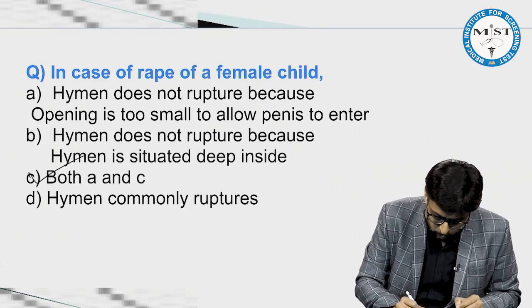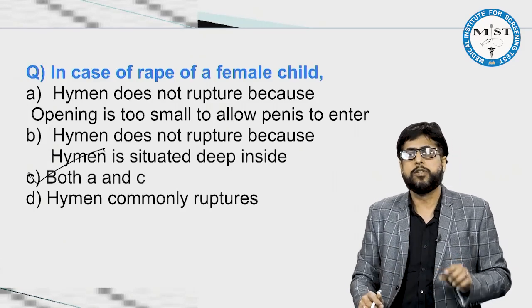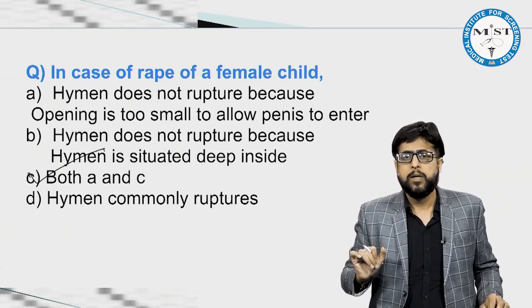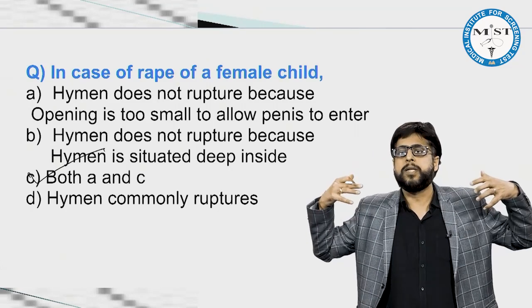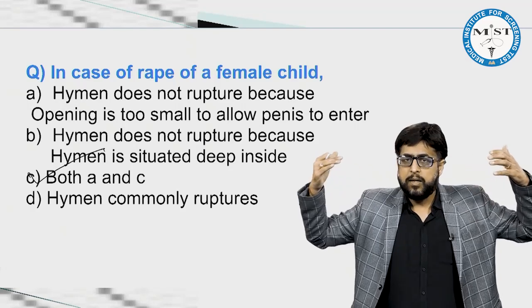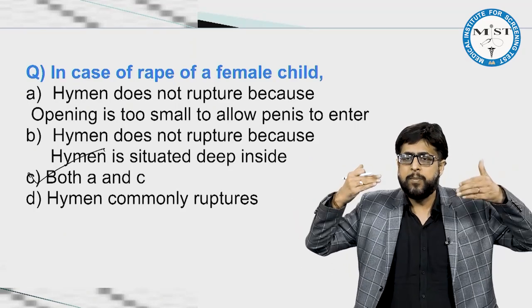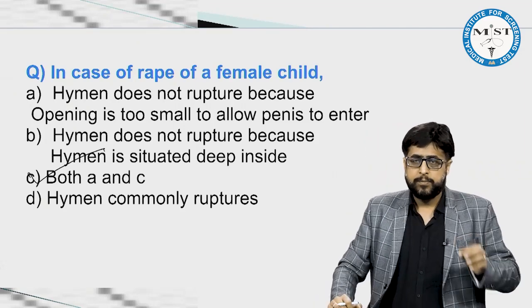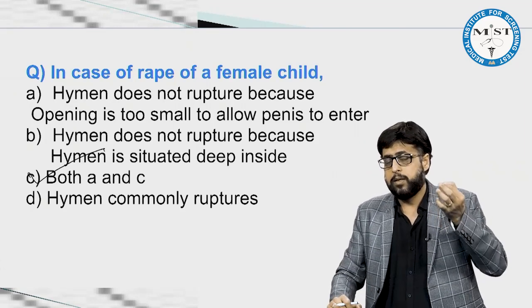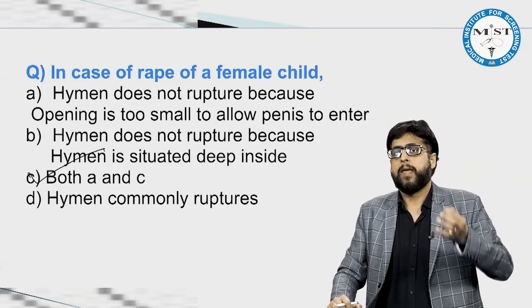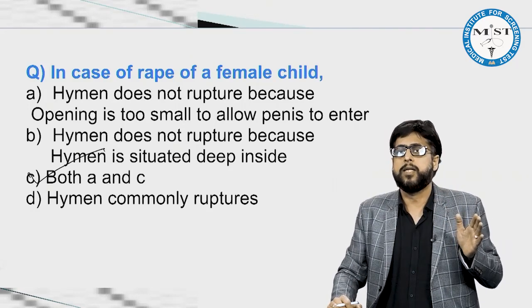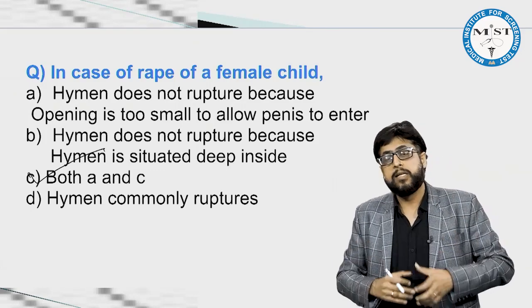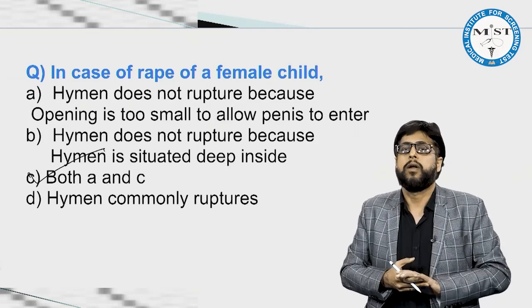Why? Both A and C. First of all, the opening is too small to allow the penis to enter. Secondly, the hymen is situated deep inside. As the age of the girl increases, the hymen moves forwards. So, because of these two reasons, please be very careful if you are examining a female child: even if the hymen is intact, she can still be a victim of rape.